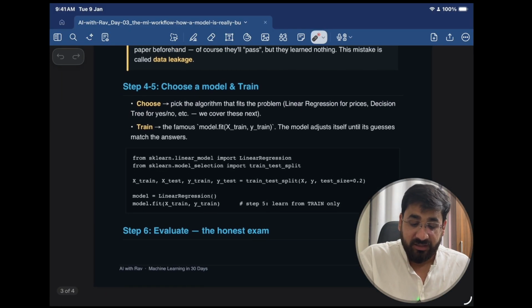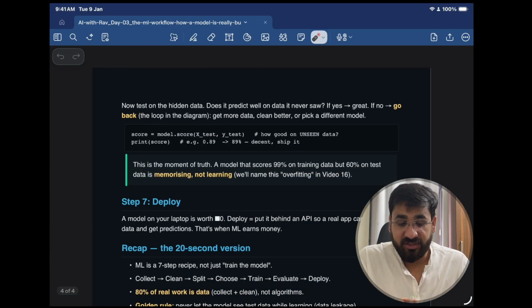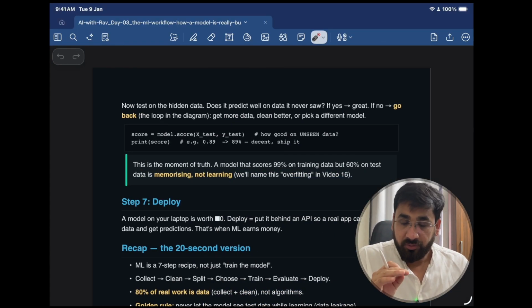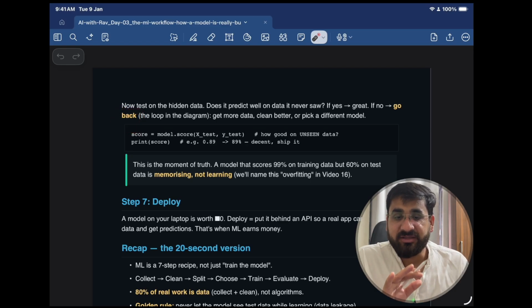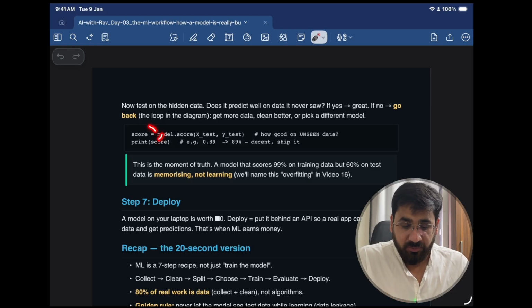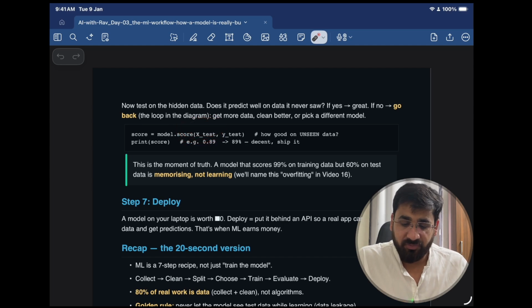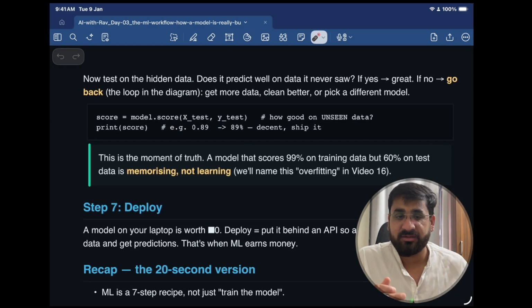Now comes the 6th step, and that is evaluate. This is the final result phase. You just put this code, model.score, and you will get the result.